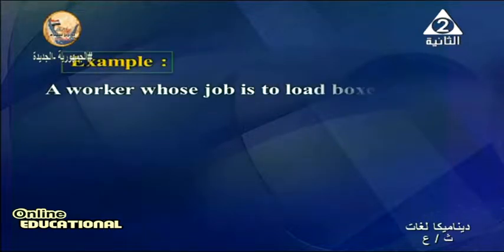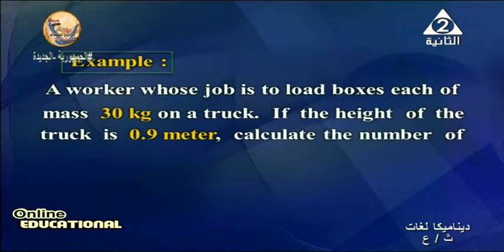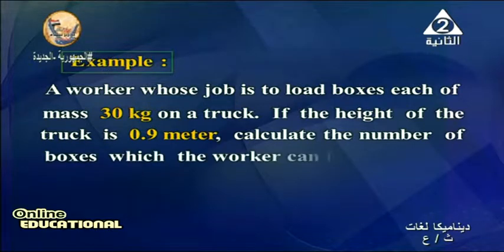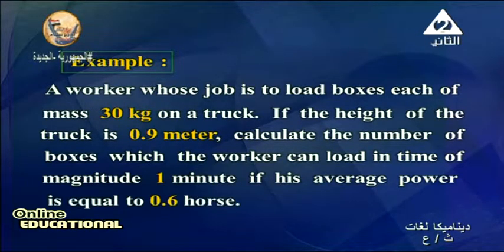A worker whose job is to load boxes, each of mass 330 kilogram, on a truck. If the height of the truck is 0.9 meter, calculate the number of boxes which the worker can load in a time of 1 minute if his average power is equal to 0.6 horse.